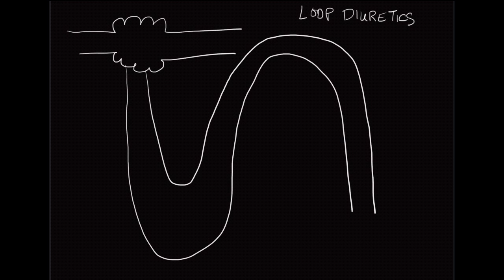So what we'll do is something very similar to the first lesson. We'll label water in blue. We'll label sodium in red. We'll demarcate the cortex and the medulla with a yellow line.